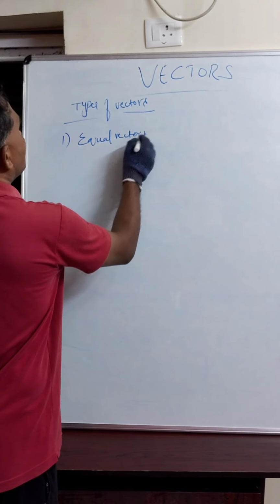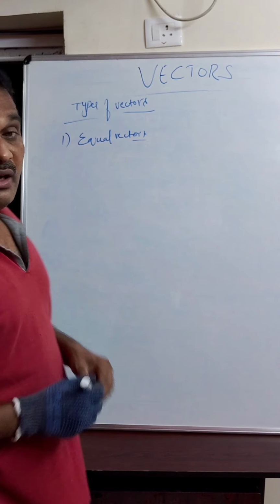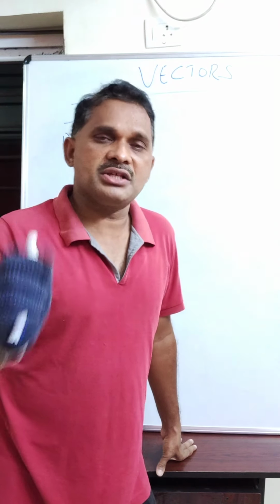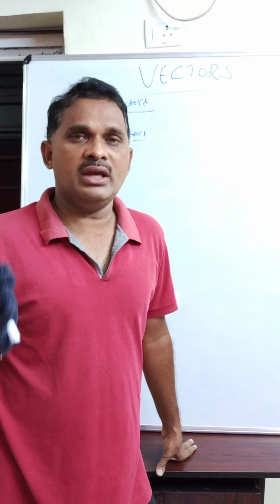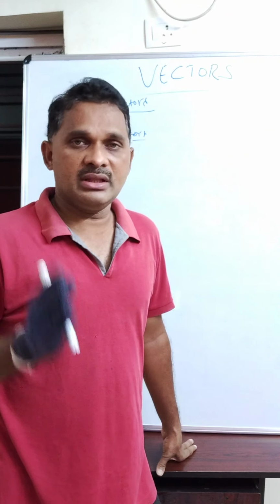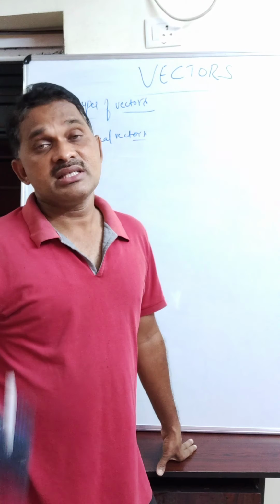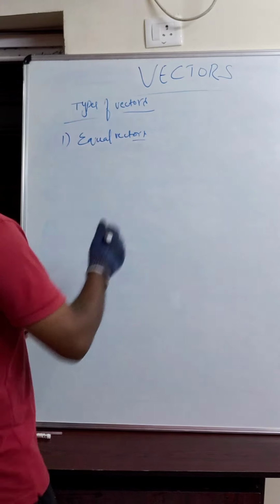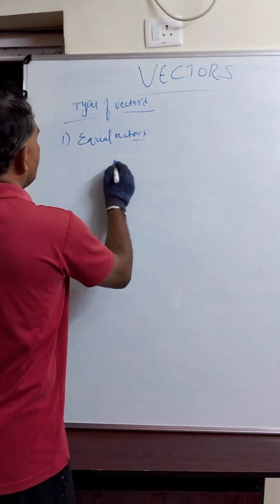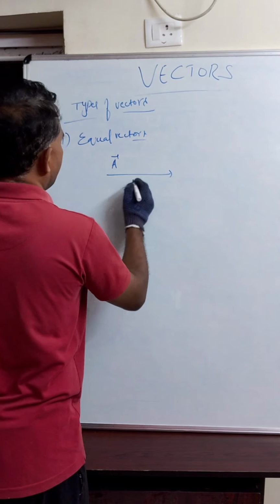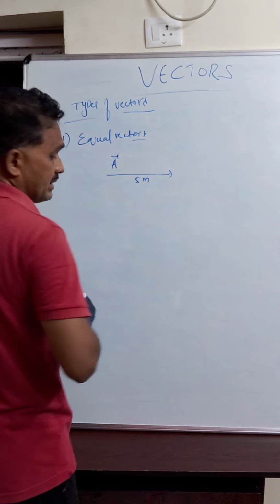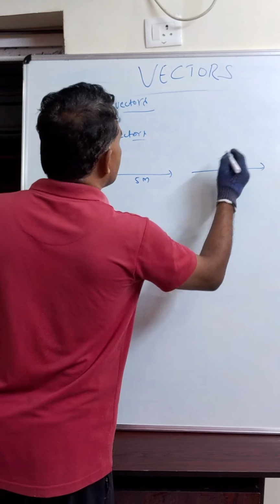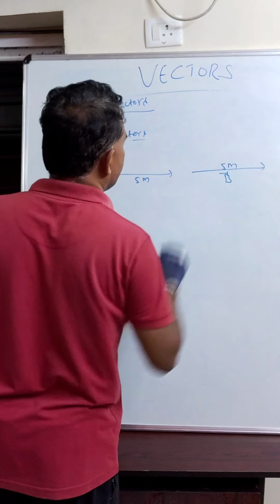What are equal vectors? If two vectors are going in the same direction with the same magnitude, such vectors are called equal vectors. Example: A bar has a magnitude of 5 meters, and another vector B bar also has 5 meters.